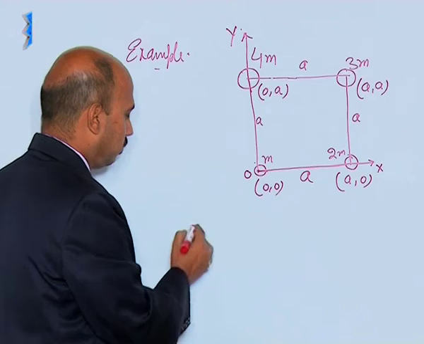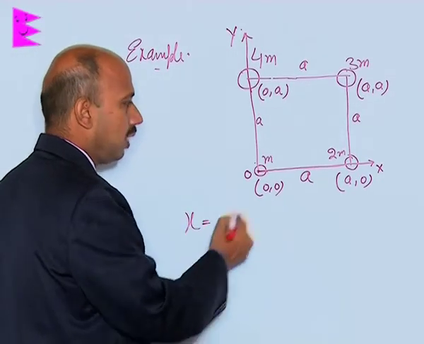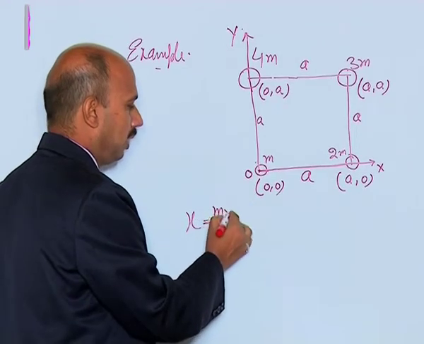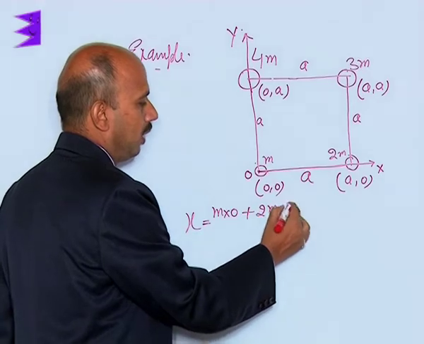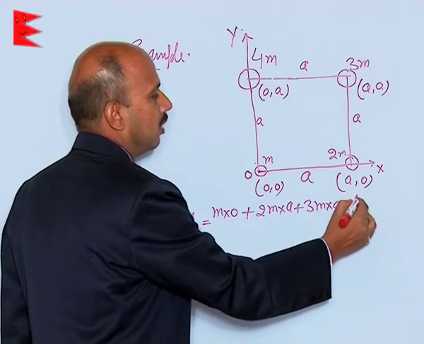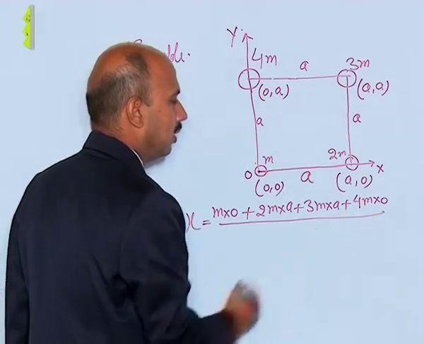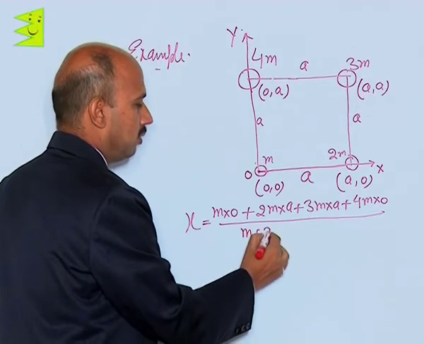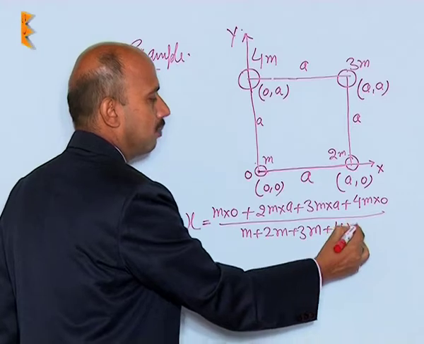Let us first calculate the x coordinate: m into 0 plus 2m into a plus 3m into a plus 4m into 0, divided by m plus 2m plus 3m plus 4m.